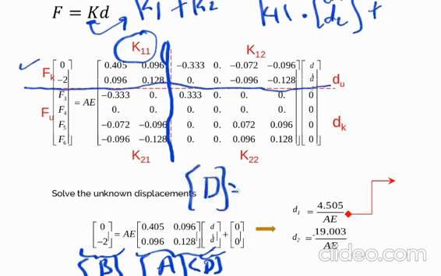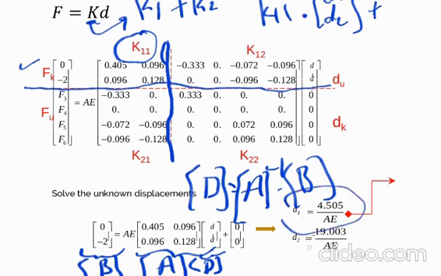D matrix equals A matrix, but I will take its inverse, times B matrix, so that our values by your calculator will be D1 equal 4.505, and D2 is 19.003.